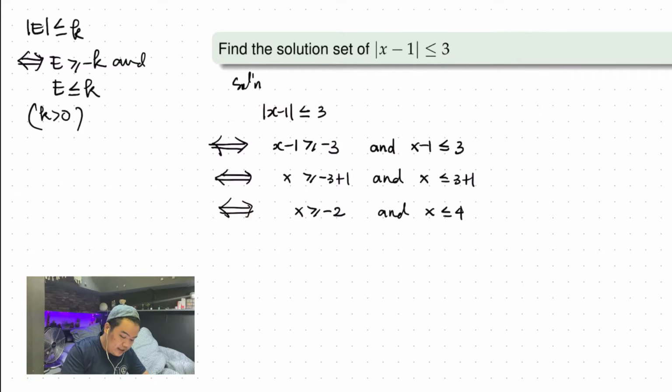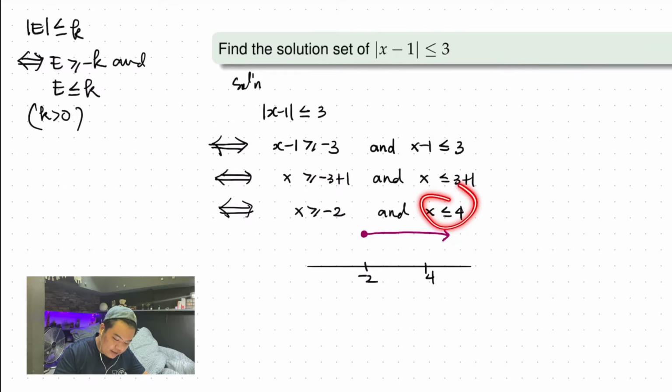Okay, so kukunin na natin yung intersection nung dalawa. So, yung numbers natin, negative 2 and 4. Yung nauna, greater than or equal to negative 2, kasali si negative 2. Ito naman, less than or equal to 4.